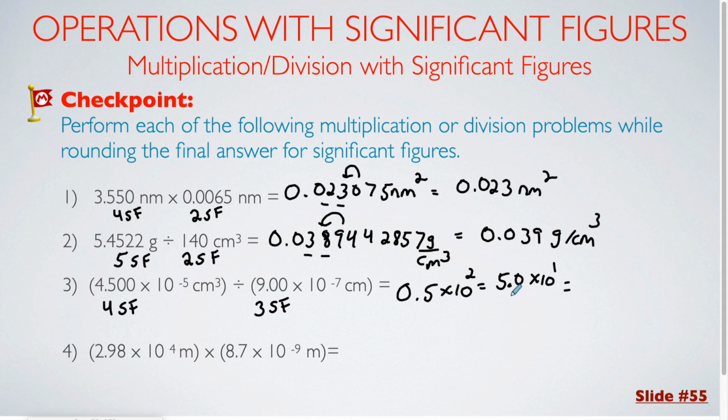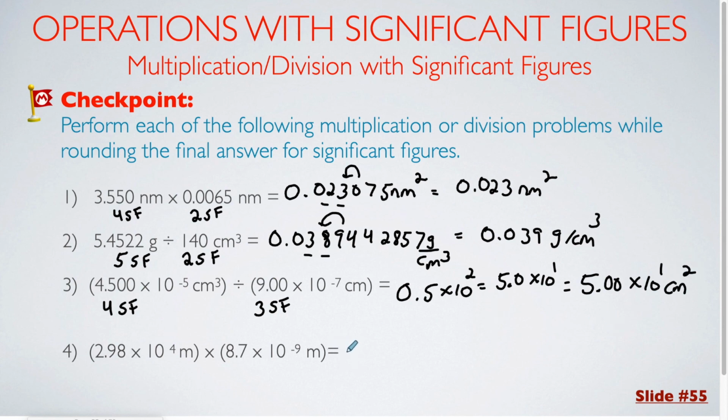The only way to keep this number the same exact value while increasing the number of significant figures is to add another 0 after that decimal. It's still going to be exactly 5, but because of this decimal, that 0 is going to count as significant. So that's times 10 to the first power, and let's see what unit we have here. Centimeters cubed divided by centimeters, so that's going to be centimeters squared.